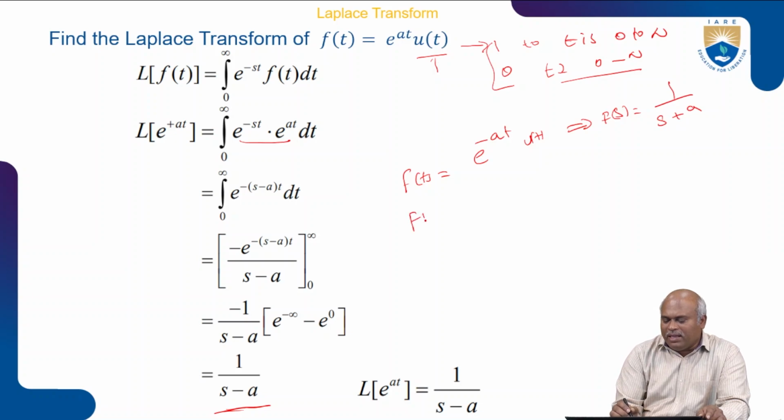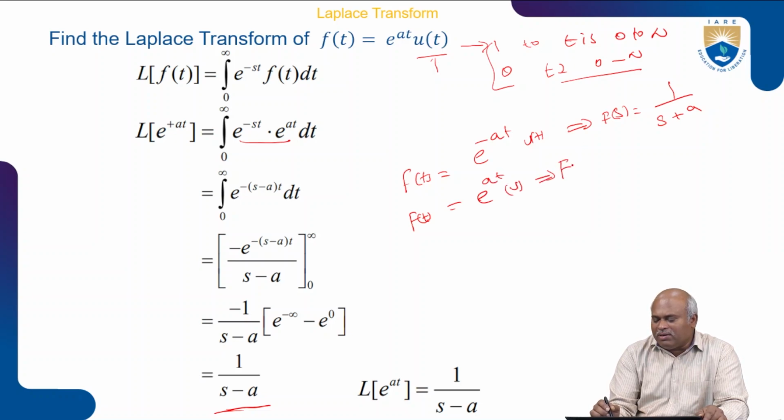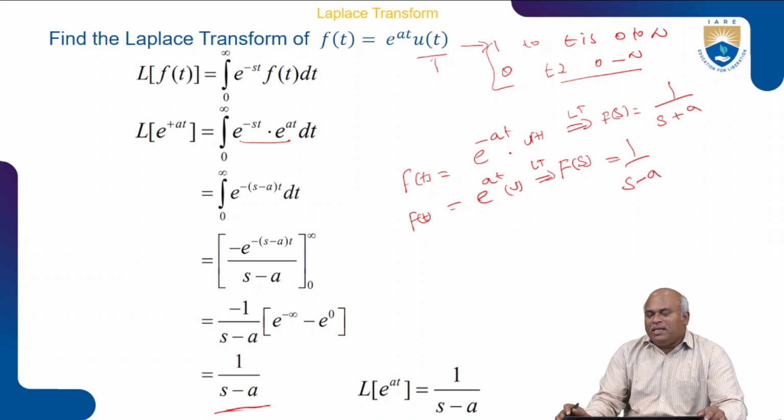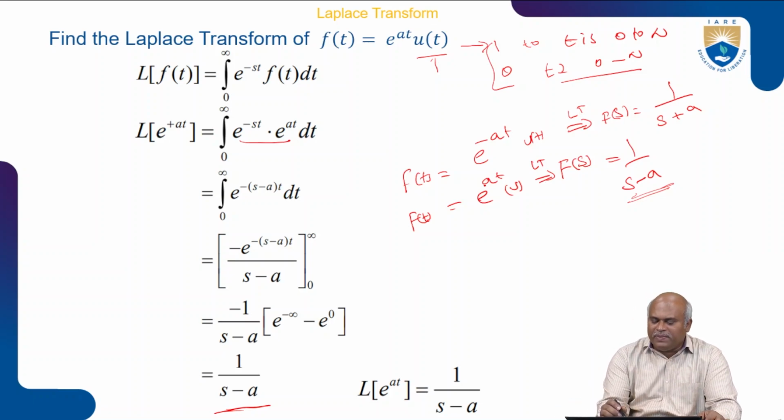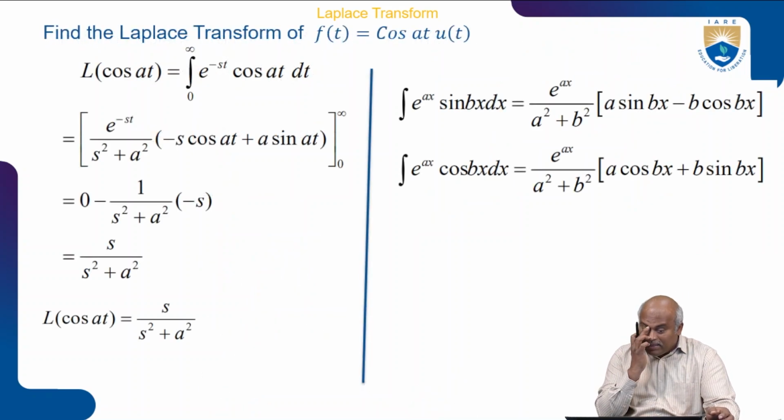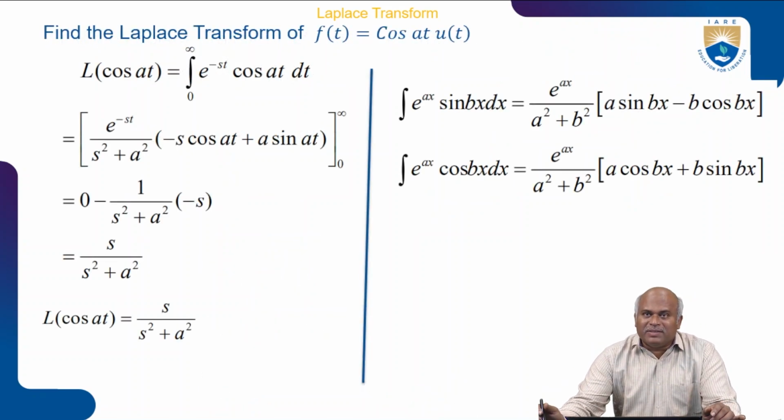Now for f of t equal to e power plus at u of t, the Laplace transform F of s is equal to 1 by s minus a. If the sign changes in the exponent, then the sign in the output also changes. Here it is plus, so it becomes minus; here it is minus, so it is represented as plus. Okay. Next example: find the Laplace transform of f of t equal to cos at u of t.